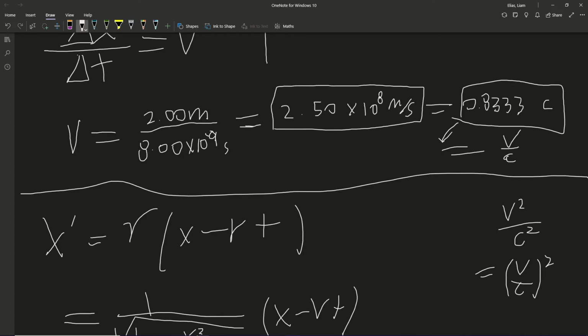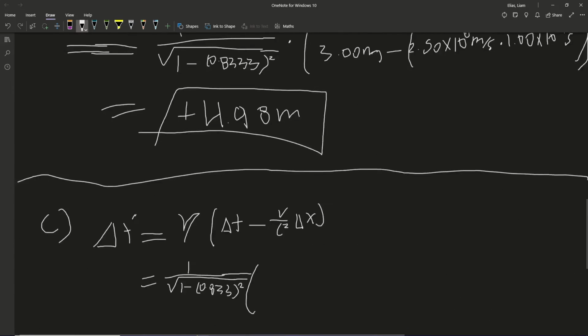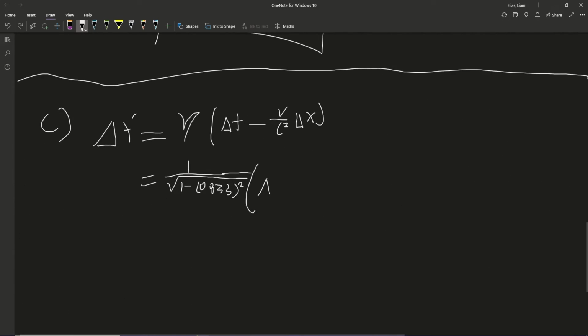But we said we could also express it as 0.833 c, or 0.833 the speed of light. And in this situation, it's a lot more useful to express it this way, because if we have delta t minus 0.8333 c over c squared times delta x, well, now this c can cancel out the c squared, so now we just have 0.833 over c.